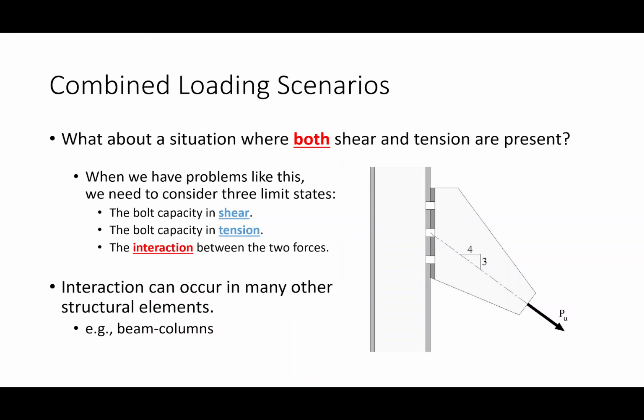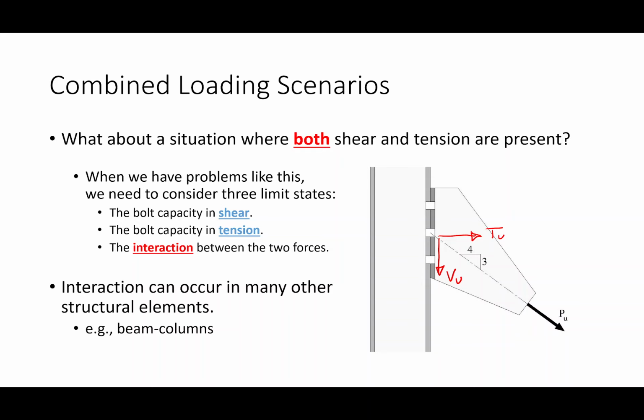With this situation, I can separate this PU into a tensile load and a shear load using a little bit of trig. So when we have problems like this, we have to consider the capacity of the bolt group in shear, the capacity of the bolt group in tension, and then what happens with the interaction between the two.